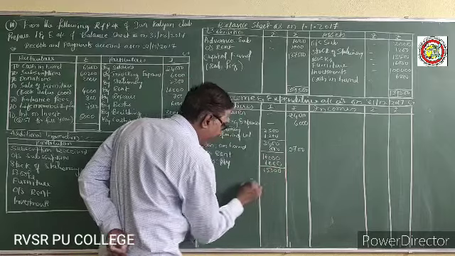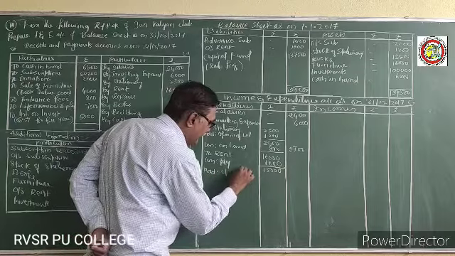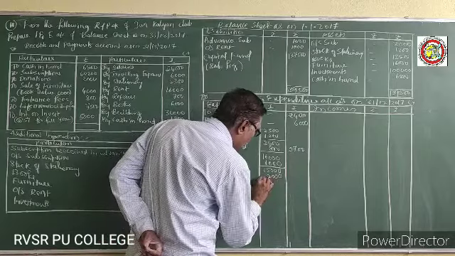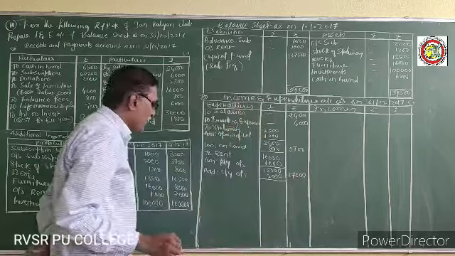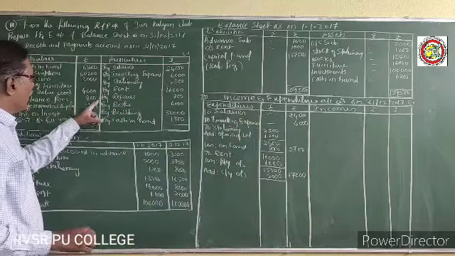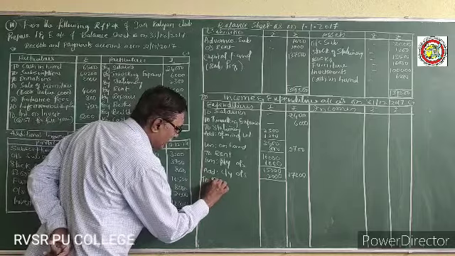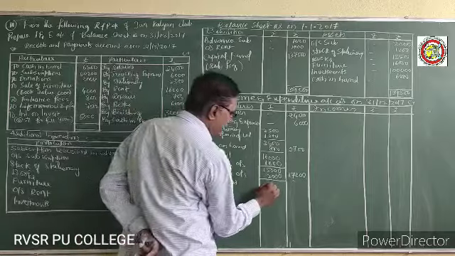Add current year outstanding 2,000. Total rent is 17,000. After that, repairs. To repairs there is 700.